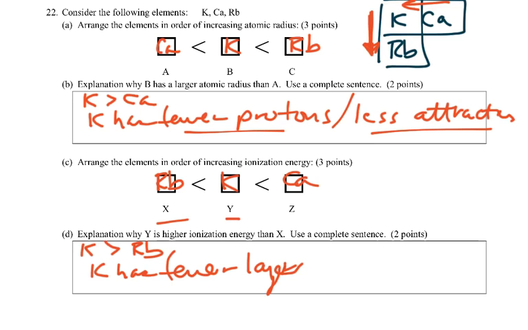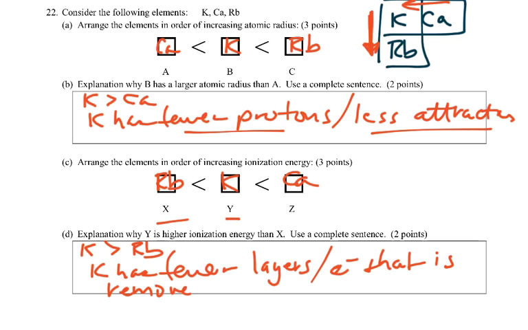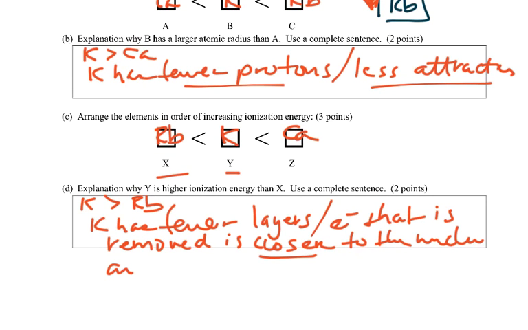And that means the electron that is being removed is closer to the nucleus, and therefore has a stronger attraction.